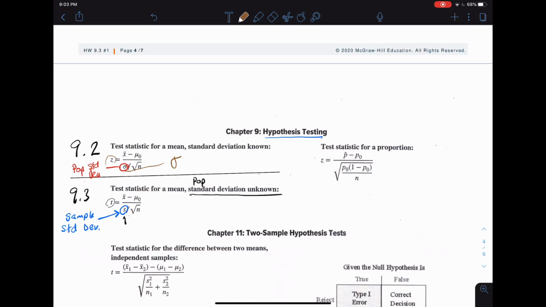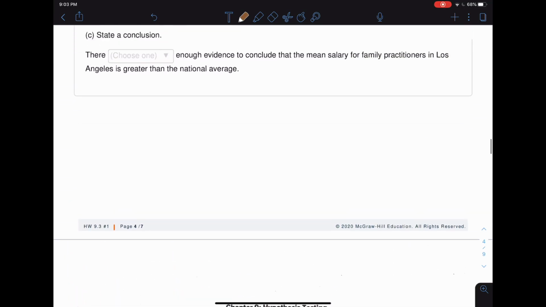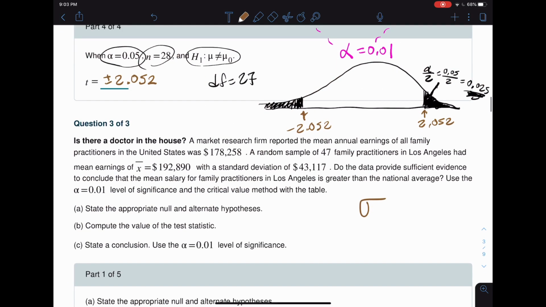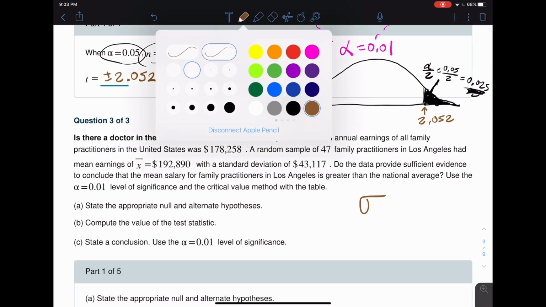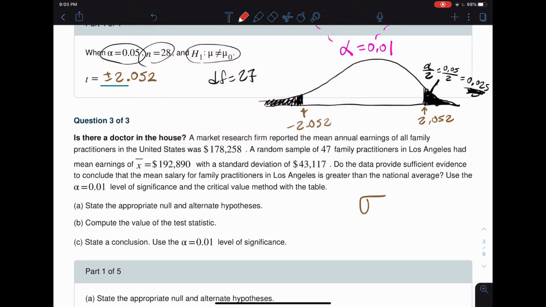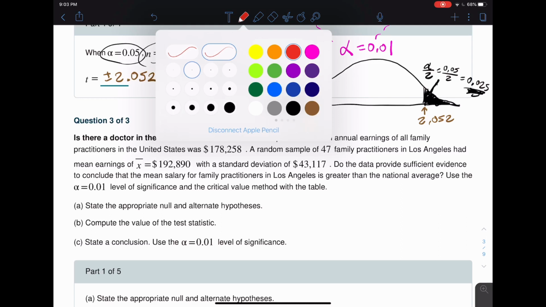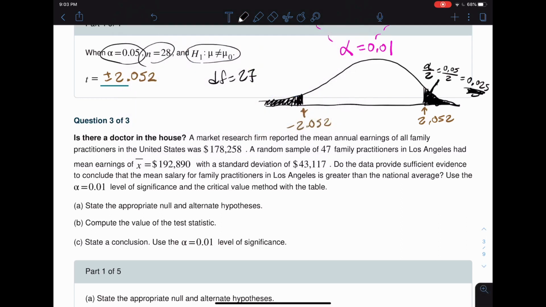But if your population standard deviation is unknown, you're going to use your s, which means the t statistic, the t distribution for your test statistic. When you're reading a word problem, it's super important that you can figure out what is population and what is sample information. Usually they will say a sample, and after that they're talking about sample data.